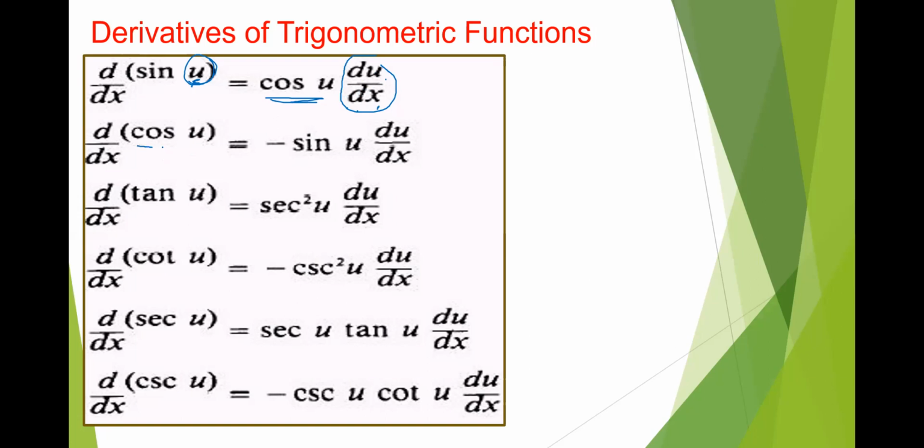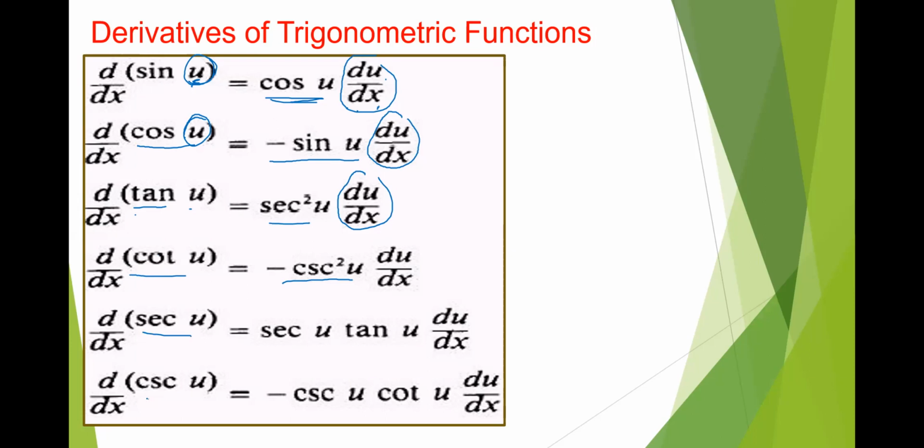So, derivative naman ng cosine u, alam natin, negative sine u yon. Pero, since this one is differentiable, again, kukunin pa rin natin yung derivative nung nasa loob. That will be du over dx. Okay? So, derivative naman ng tangent u, is secant squared u. Again, we just have to attach this one. So, parehas lang nung kaninang formulas which I introduced a while ago. Yan.